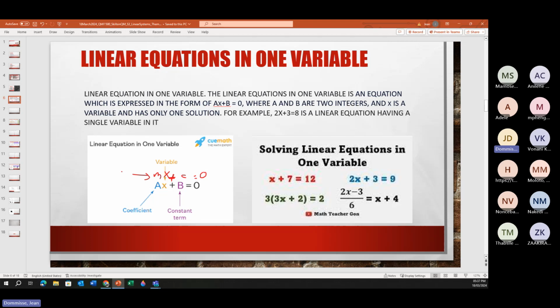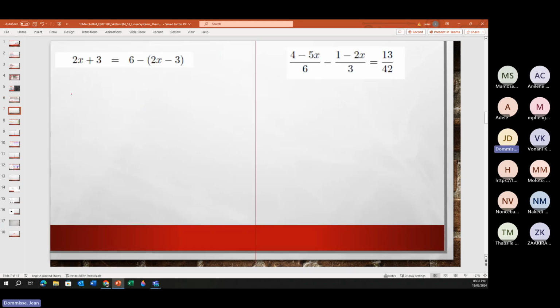We'll look at the same when it is two variables. So the first thing is that we're going to look at two examples where you can see we're only dealing with one variable. We have the equal sign.